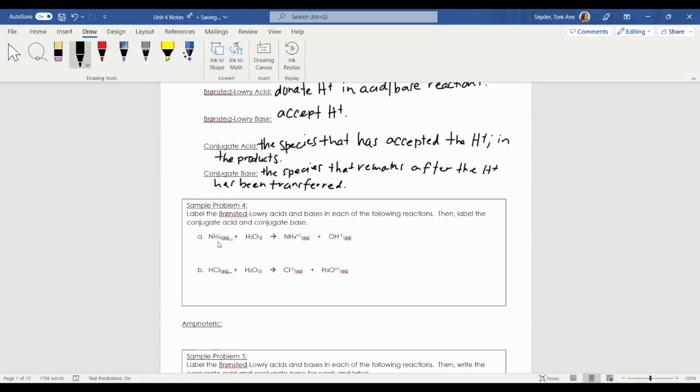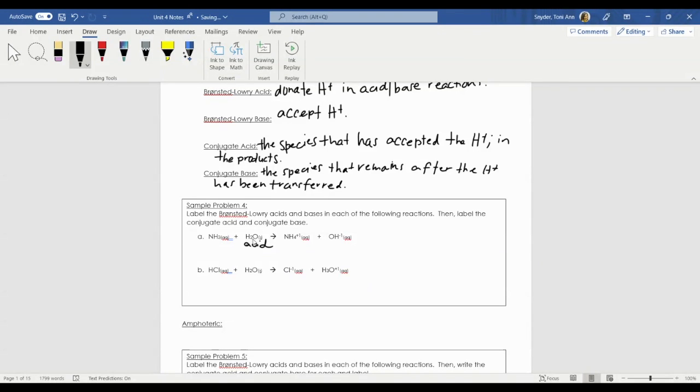But it looks like here I have NH3, and on this side of the equation, it looks like that NH3 accepted the proton, right? Because it has an extra proton right here. Whereas water actually lost a proton in this reaction. So water is going to be the acid. And that's because the acid donated the proton.